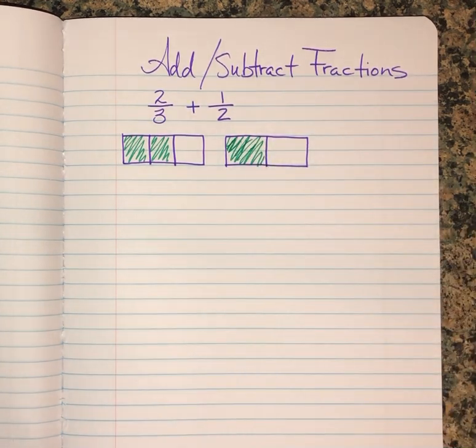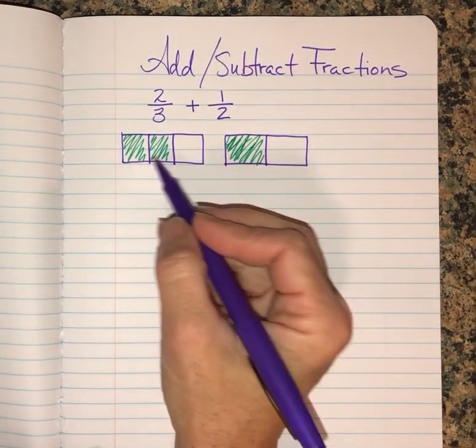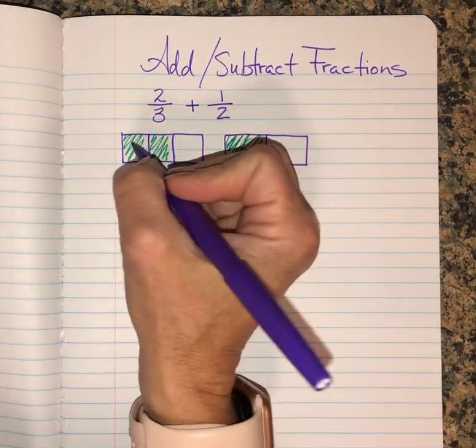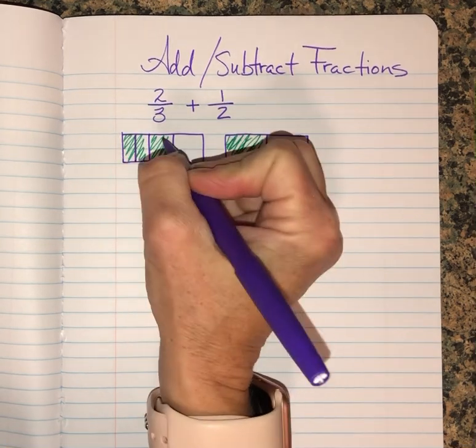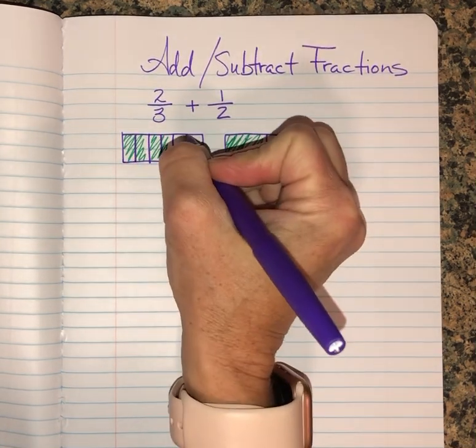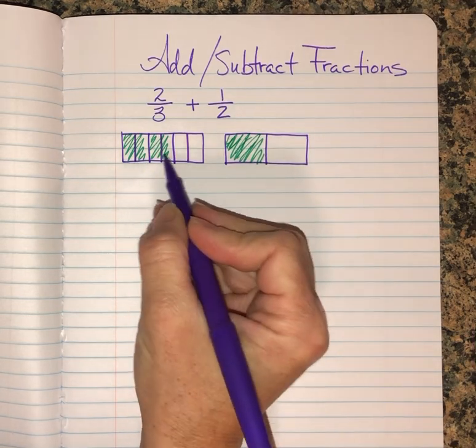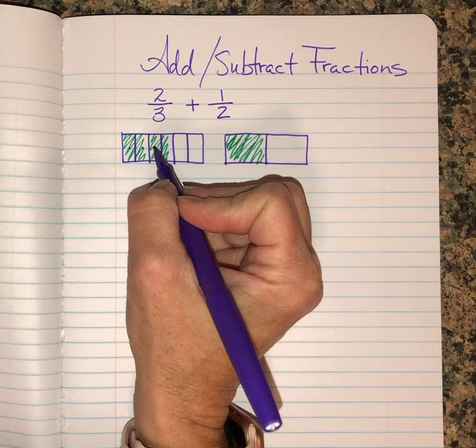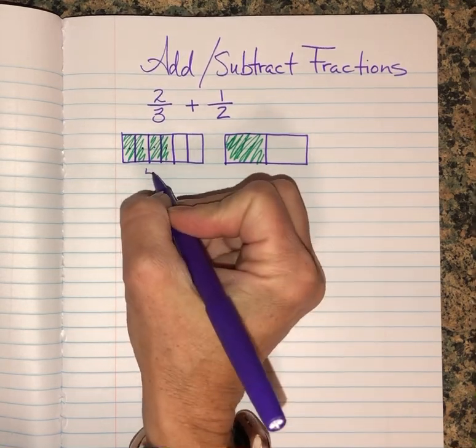Now you can draw a model and then split these up into equivalent pieces. I could split this 2/3 and divide the entire fraction strip into 6, creating 1, 2, 3, 4 sixths.